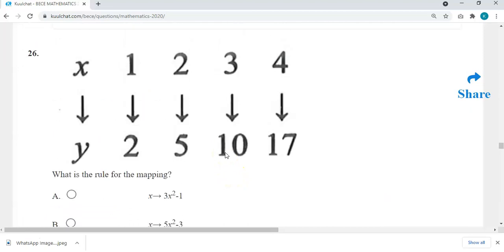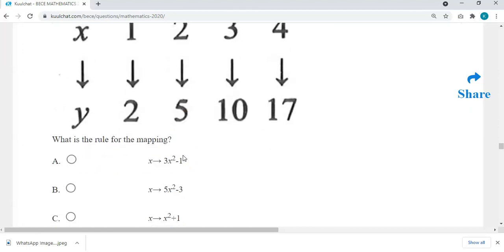So sometimes if it comes in section B, then you have to analyze how it goes. Then you can try to see the rule or the equation that, when you write it, can match to get the corresponding value of y. But if it comes in section A, you try each of the rules by substituting the value of x into it.